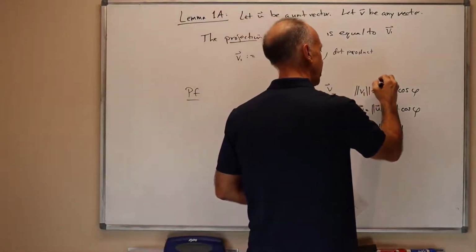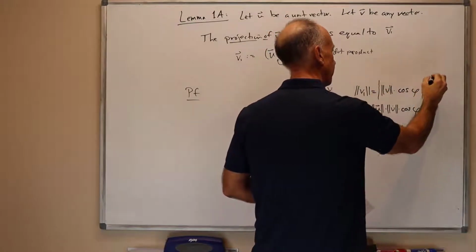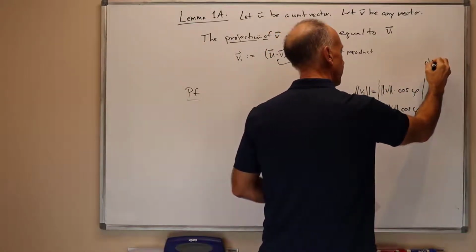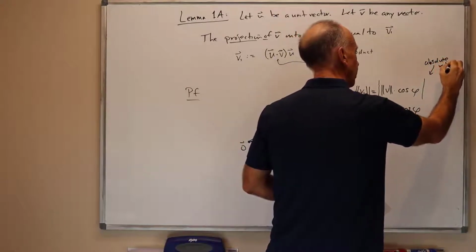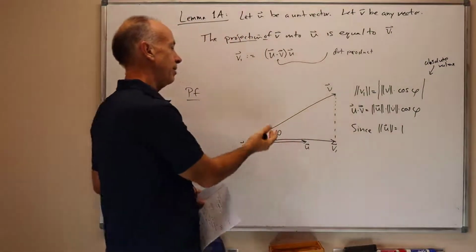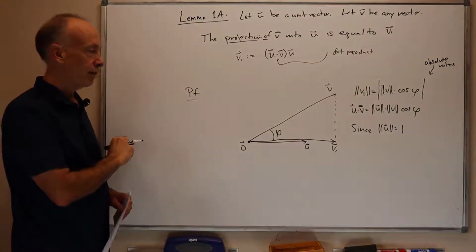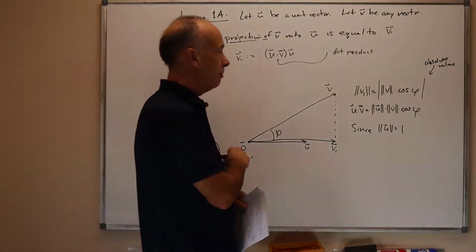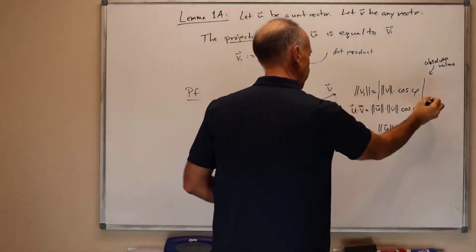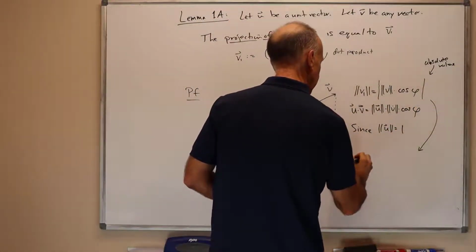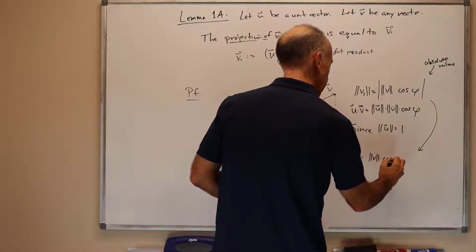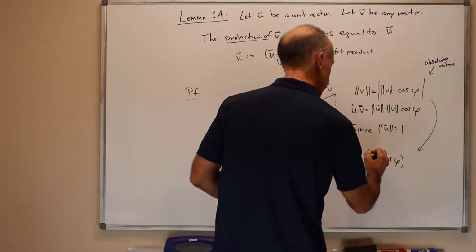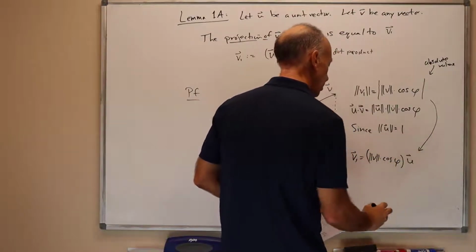I should have really put absolute value signs here, because cosine of phi could be negative if it's pointing over this way. But in particular, what we have then, from this, we get that v1, the projection, is equal to length of v times cosine of phi times u.